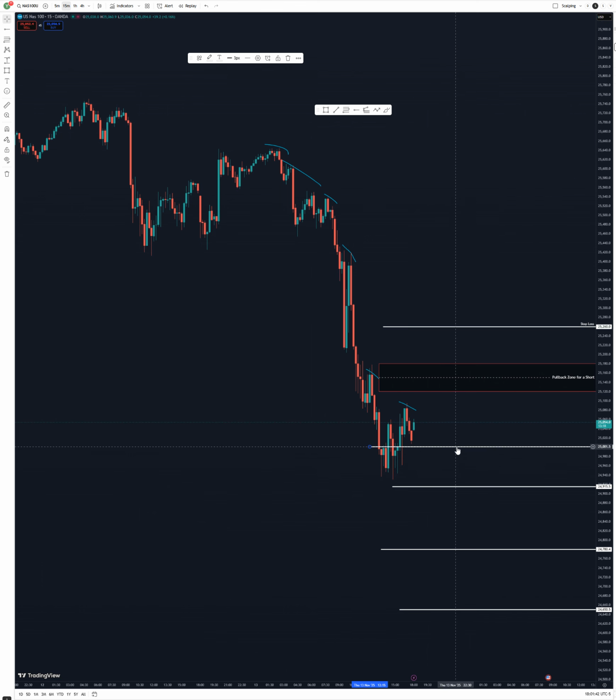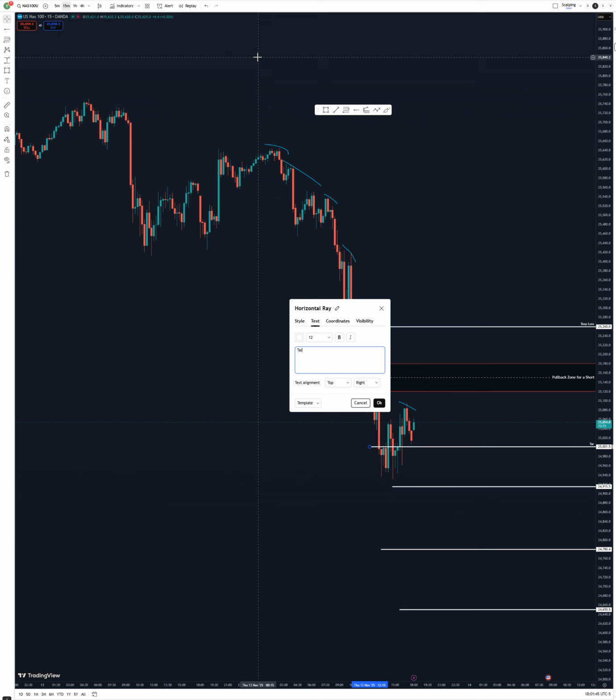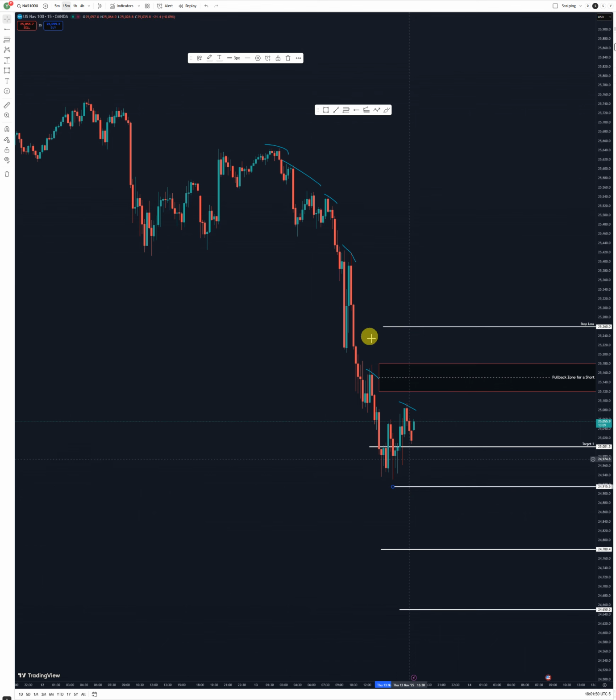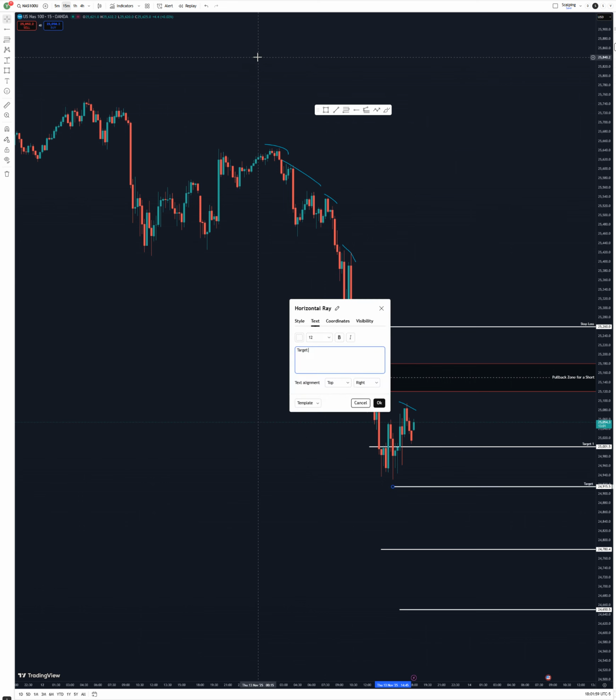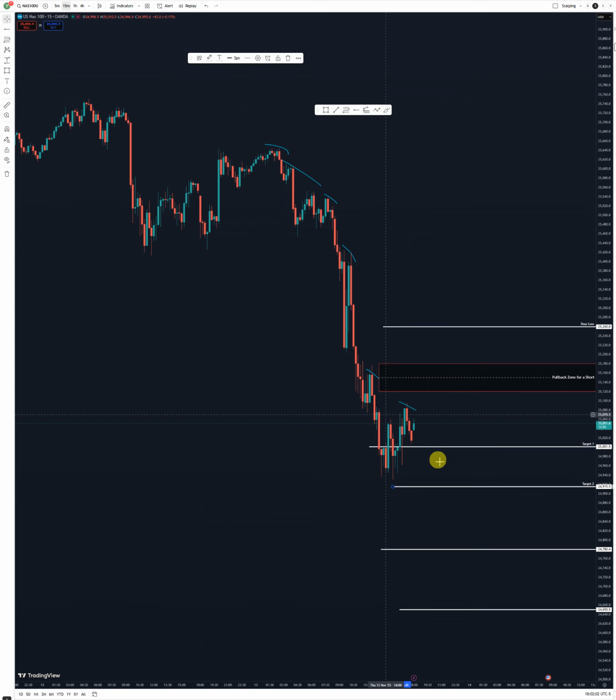Target one right here, and then target number two, and then we're gonna do target 3 and so forth. So you get the picture. This is my favorite setup tonight. You want to make sure price moves into the zone before you put in a sell order. Your stop will be up here.